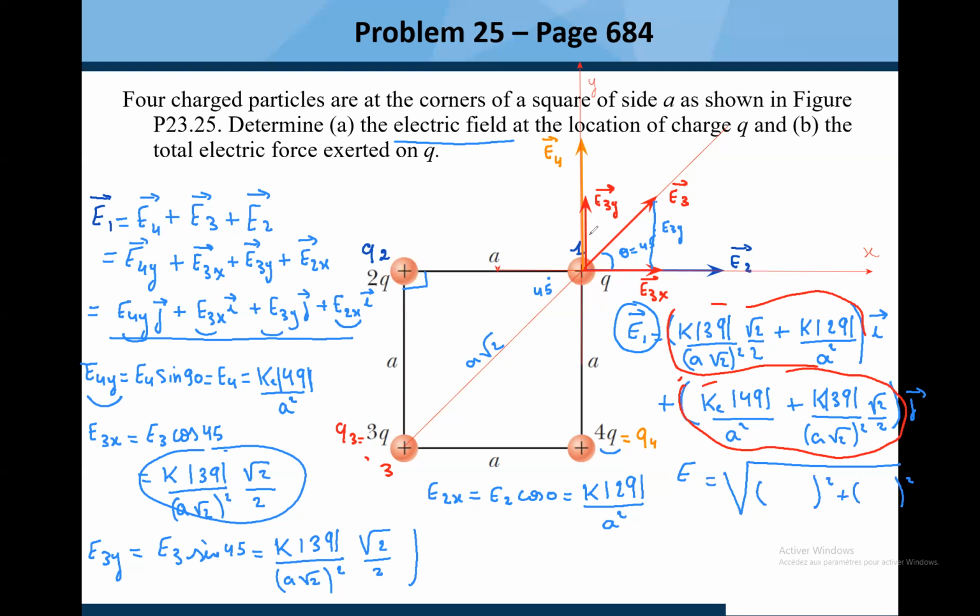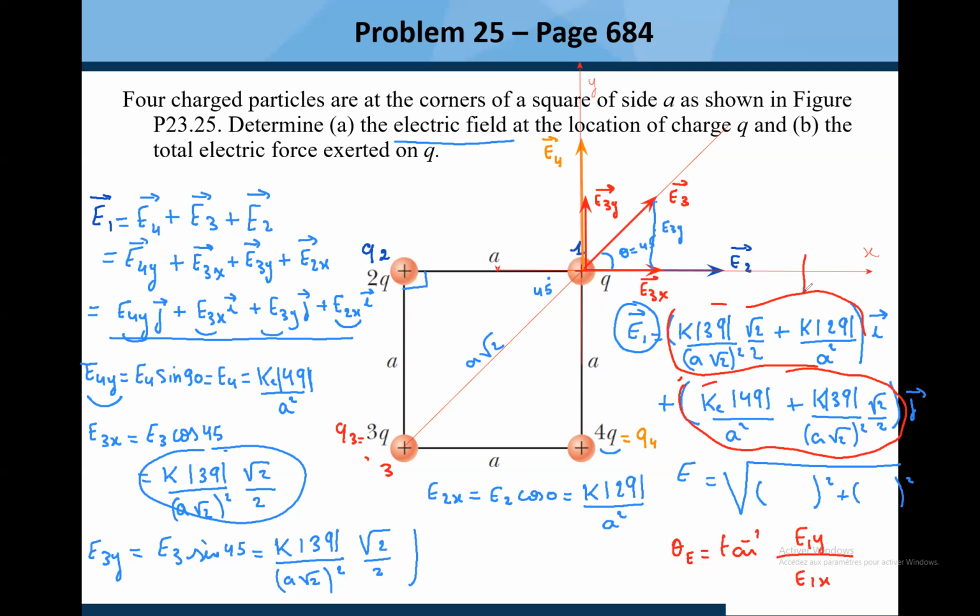Okay, the angle of this value, you can write the angle theta of E equal tangent minus 1 E. I am speaking about E1 equal E1 y over E1 x.